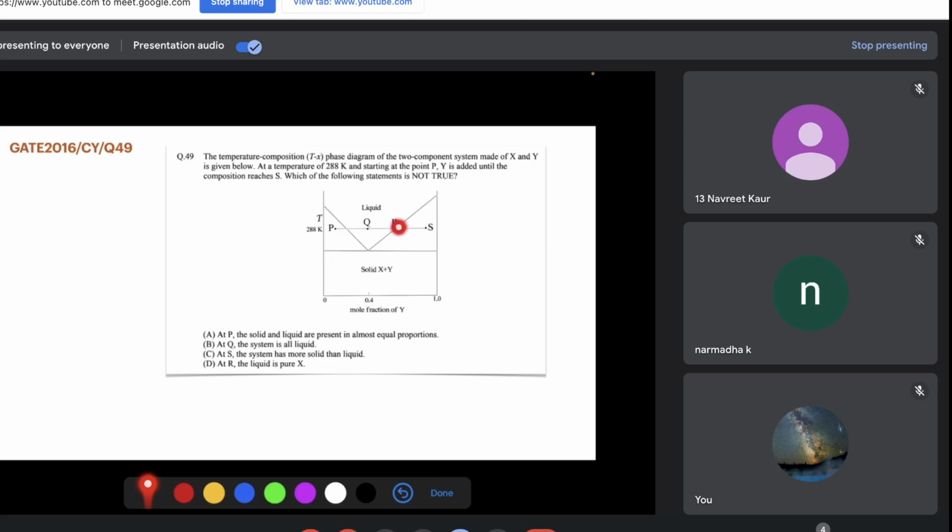So this statement is totally incorrect, because it is not pure X and also it is not liquid. It is a mixed equilibrium established when the point is on the line, between the liquid phase and the liquid plus solid phase as given here. So option D is incorrect.